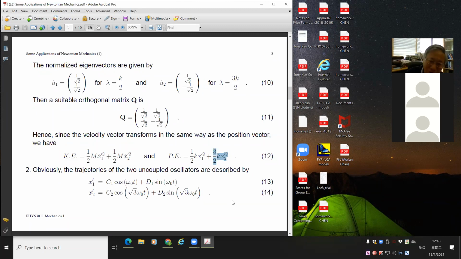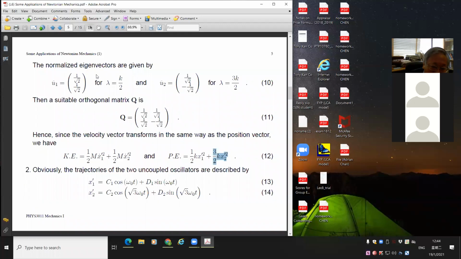So the solution must be given as a linear combination of cosine square root 3 omega naught t and sine square root 3 omega naught t. So we don't have to solve any differential equations because we know the solutions by heart. Okay?